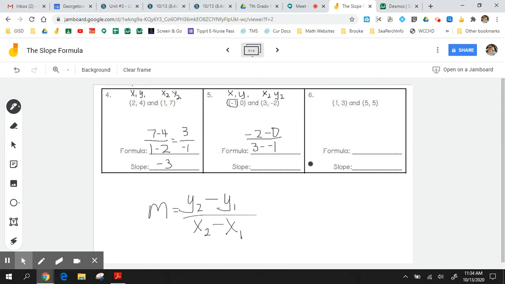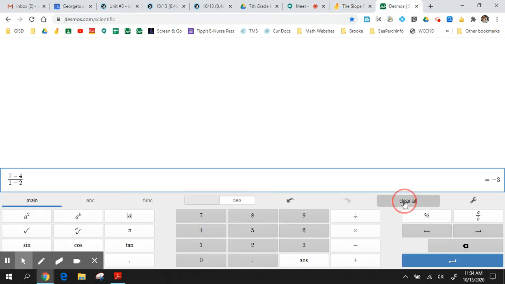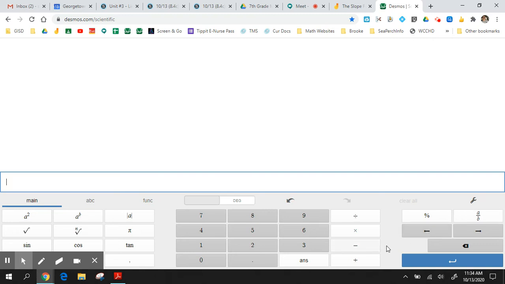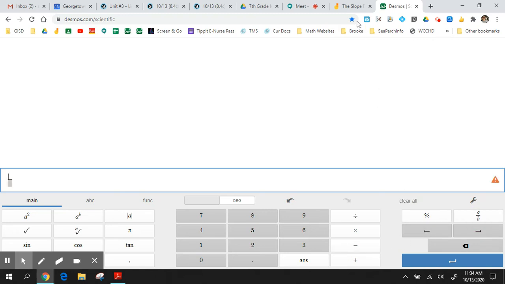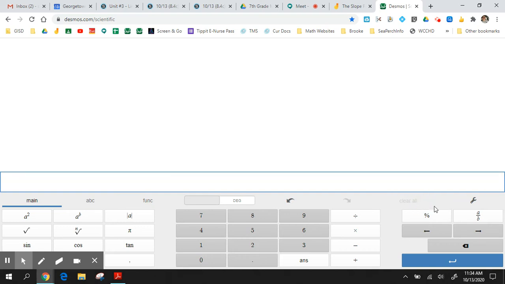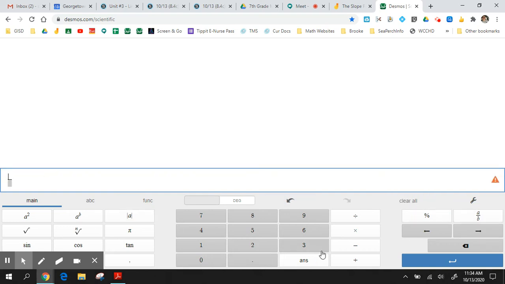Alrighty, so here's the thing. If you're using a yellow calculator, this one has to be a negative sign. 3 minus -1. Now, if you're using Desmos, there's not really a negative button, okay? You use the subtraction sign. So let me look at our numbers again, -2 minus 0. Man, it helps if I actually put it in the fraction. All right, -2 minus 0.